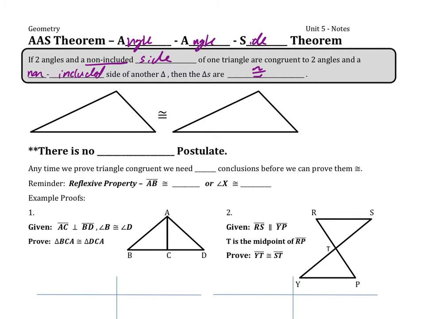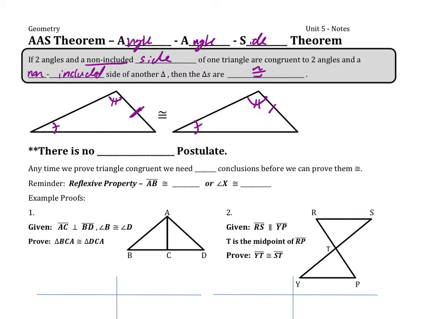So what does this look like? This is if they're one right after the other. So we have an angle, we're going to skip that side in between, and then we have the side following. So angle, angle, side. Okay, so those are our four triangle congruencies that work for any triangle.